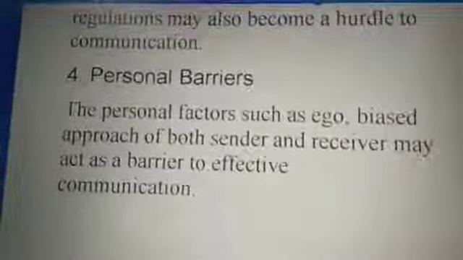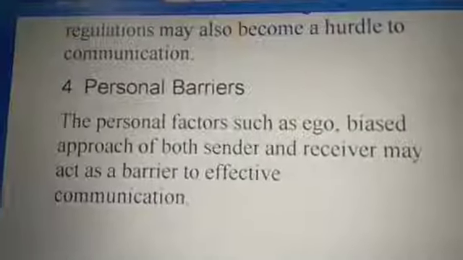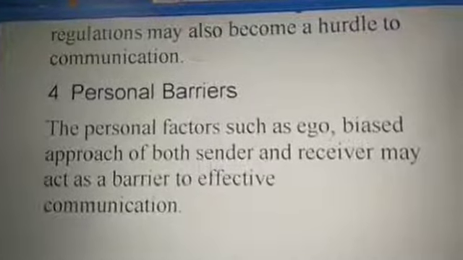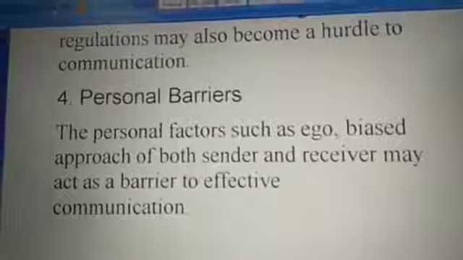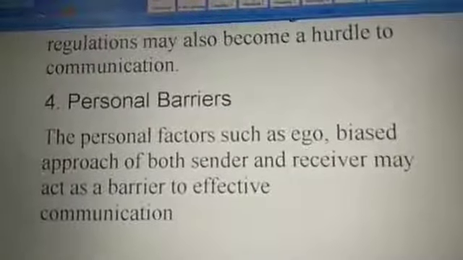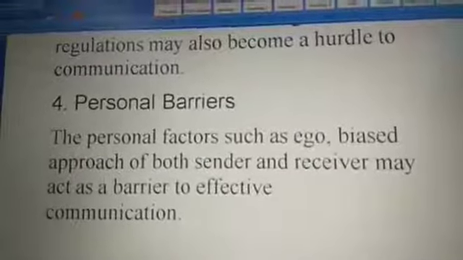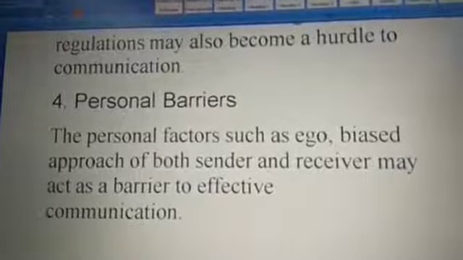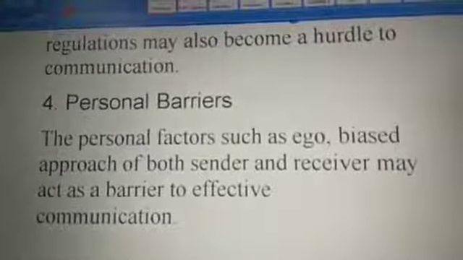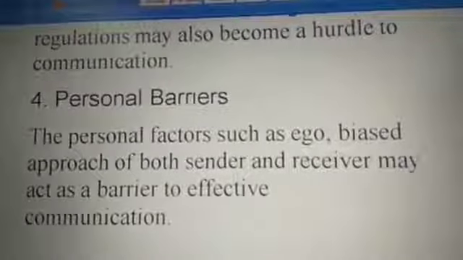Then the fourth one is personal barriers. Personal factors such as ego and a biased approach of both sender and receiver may act as a barrier to effective communication. When employees of an organization are biased or have ego, the process of communication cannot take place properly in that organization.